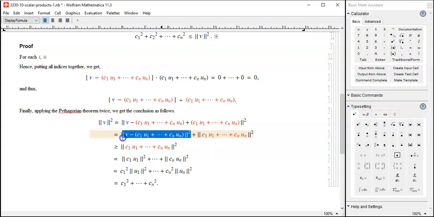Now here, drop this. This is a non-negative term, 0 or positive, so drop it. We're going to be able to decrease it a little bit. And then we use the Pythagorean theorem again, because u1, u2, all these are perpendicular to each other. We get this equation and some further computation. We get c1 squared, c2 squared, all the way to cn squared. That completes the proof.